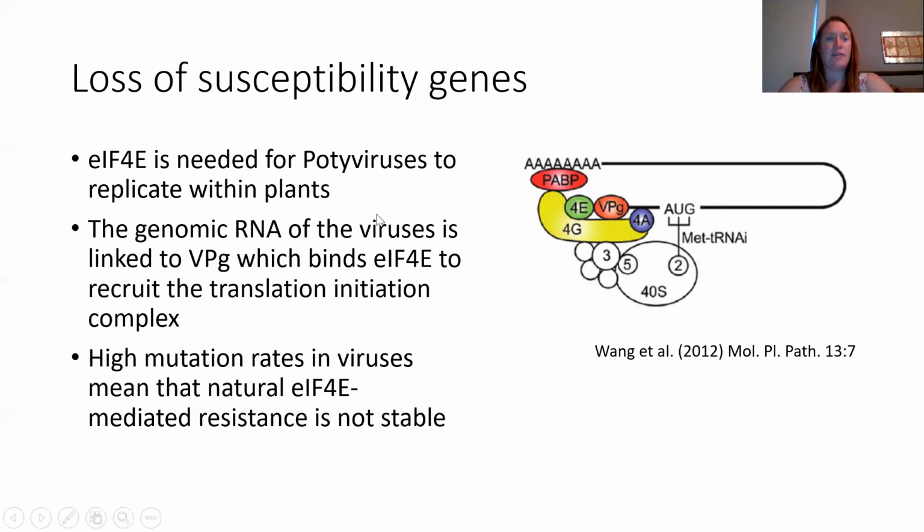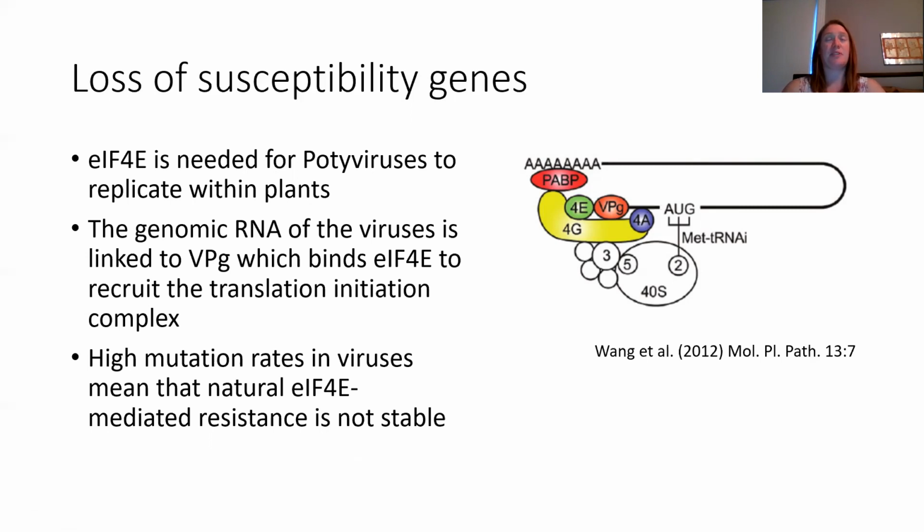And so people have found natural mutations in this gene, and that natural mutation has generated quite a lot of resistance. But it's also generated a lot of counter strategies by the pathogen.